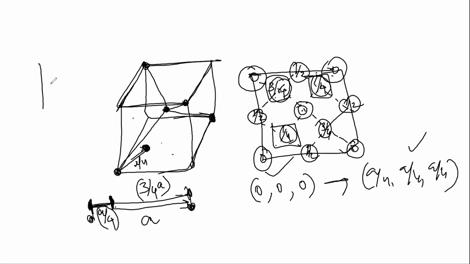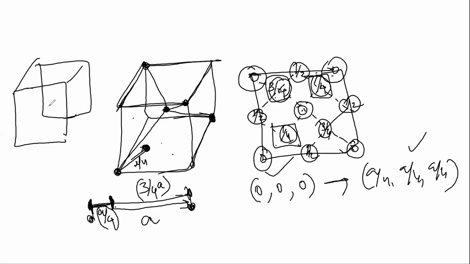Now I take a small cube. See now, my atom is somewhere here. That means in the space. This is one atom. This is at a by 4. That means from the other corner atoms, how much will this distance be? A by 4 means the other will be 3 by 4th distance.